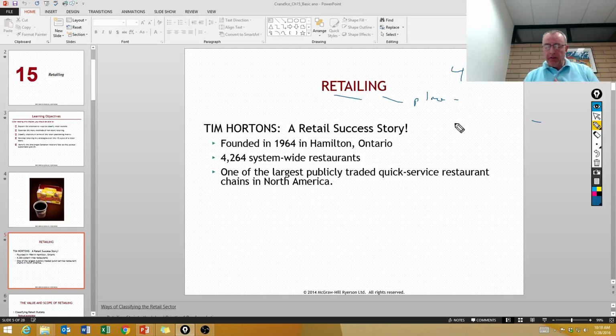Okay, so the book defines retailing as all activities involved in selling, renting, and providing products to households or to the ultimate consumer. And I have a little slide here of some of the large retailing sectors in Canada.